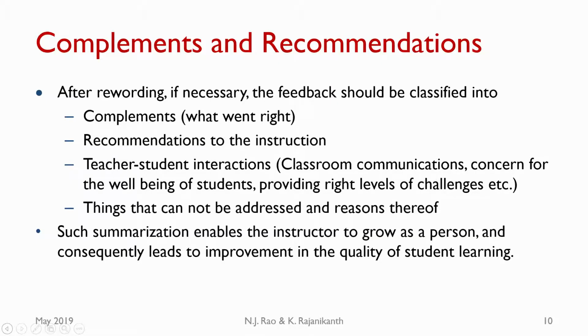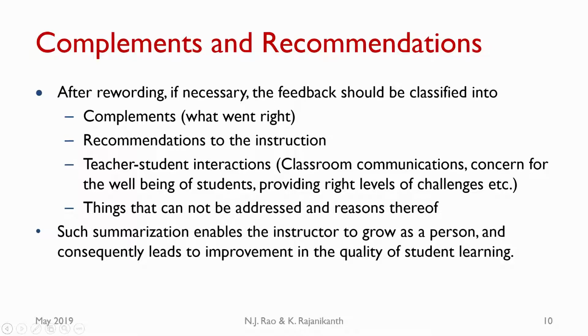So, we can note down the feedback related to this aspect, the teacher student interaction aspect, and things that cannot be addressed and the reasons thereof. Certain times the feedback indicates certain lacunae, but we have no mechanism to address that for a variety of reasons. For example, if it is a tier 2 institute and if it is an issue related to certain aspect of the syllabus, then the instructor may not have an immediate way of remedying that situation.